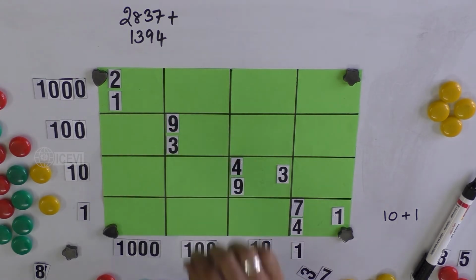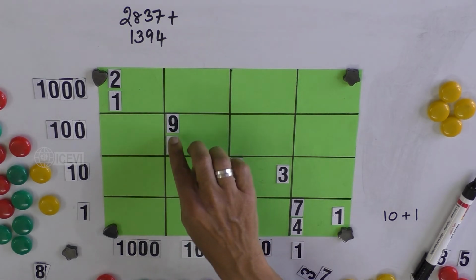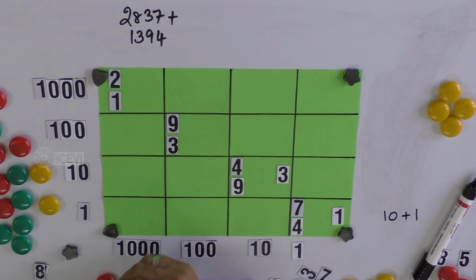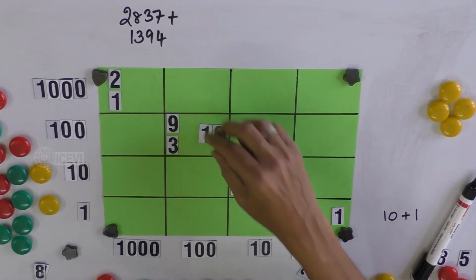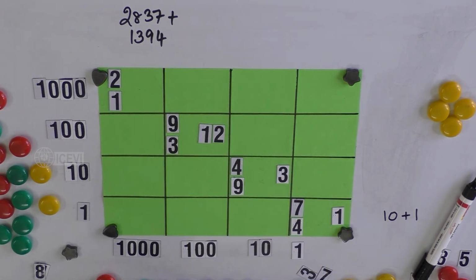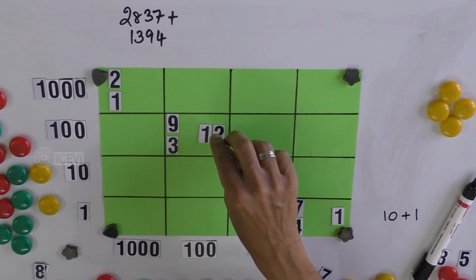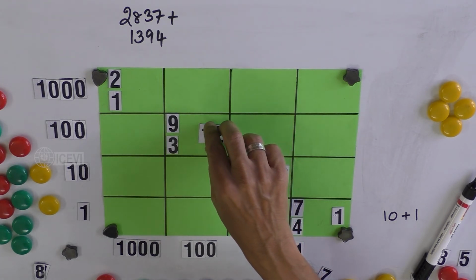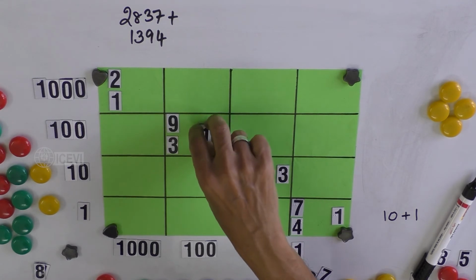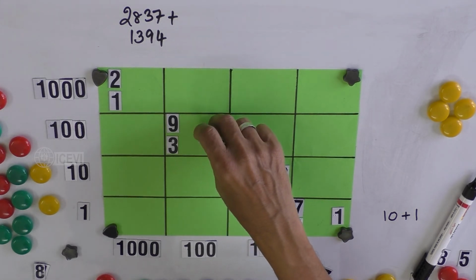9 and 3 should be added. Now 9 and 3, it is 12. You have to add 12 in that 100th column. Now you cannot have 2 digits. You have to retain only 2. That means you have to add this 1 with which number?